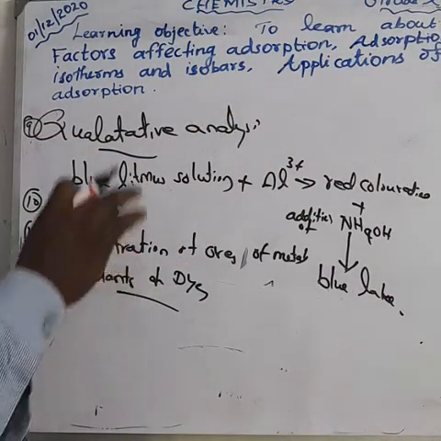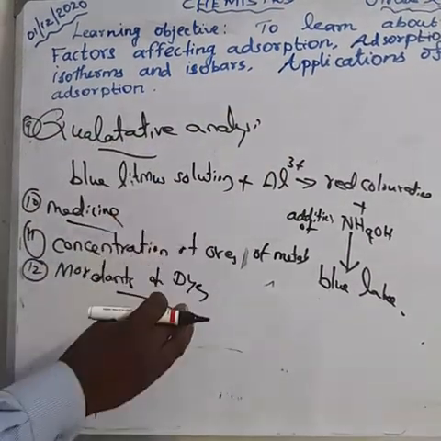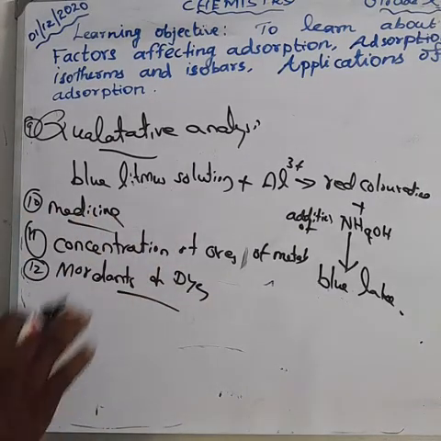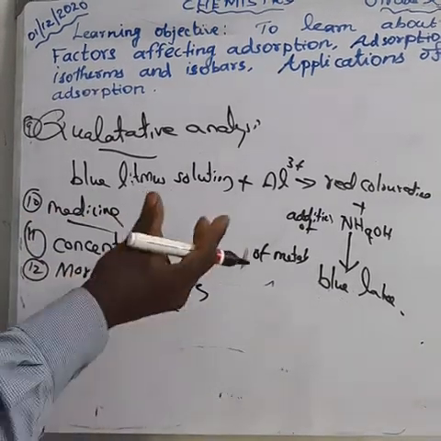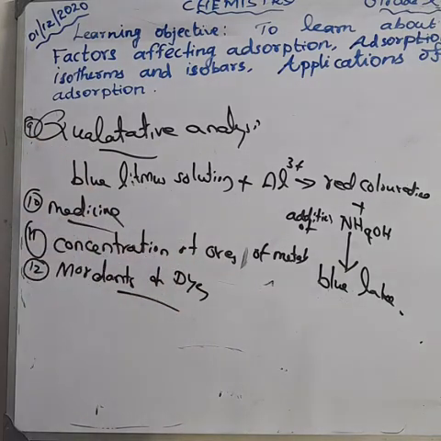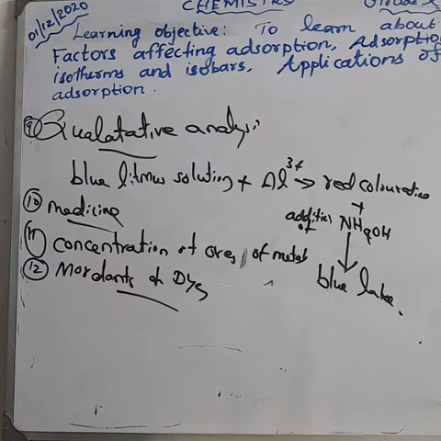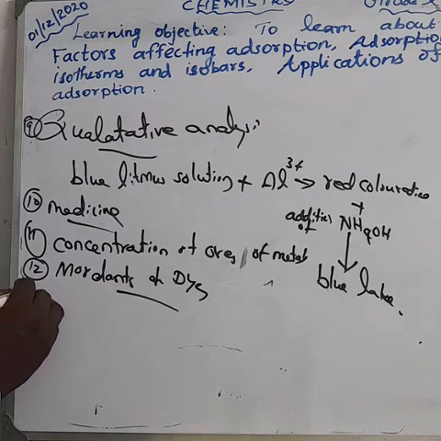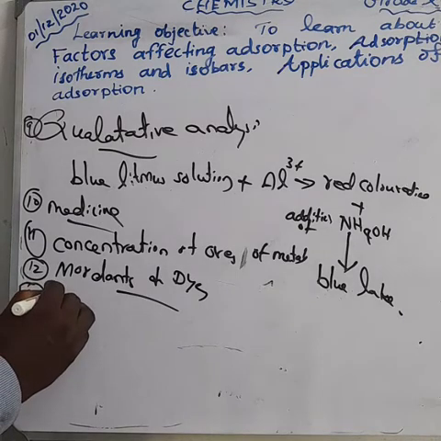Most of the dyes are adsorbed on the surface of the fabrics. The mordants are substances used for fixing dyes onto the fabrics. This is also based on adsorption. Next one is about the adsorption indicator.